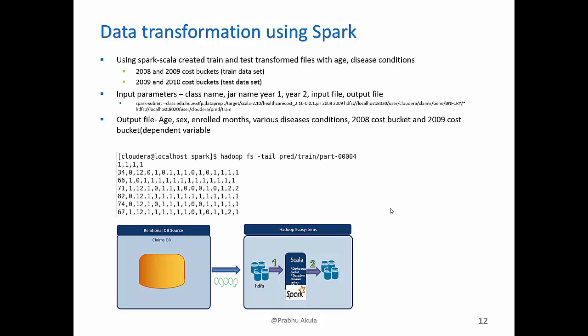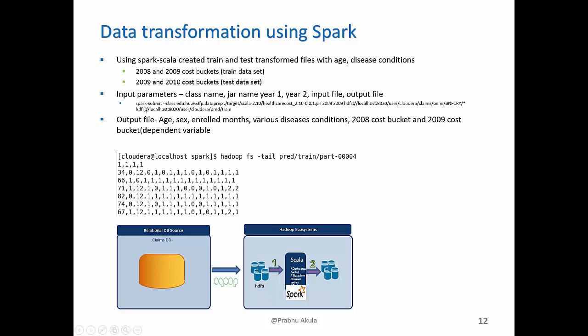Once the data is in HDFS, we're going to transform the data, which can be sent to a decision tree classifier. In this case, we have the train data set 2008 and 2009, and 2009 and 2010 for test data sets.